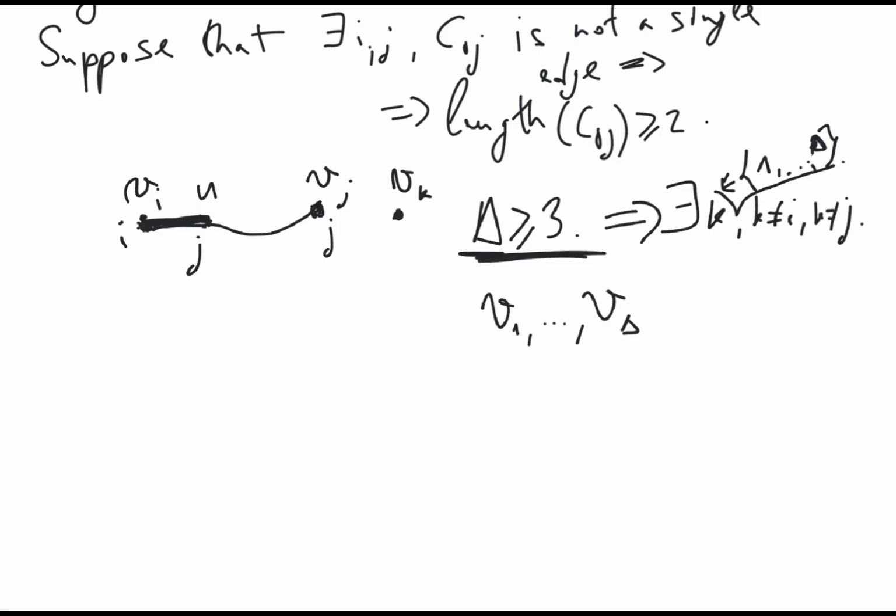Or we can write, instead of there exists k, there exists vk such that k is not equal to i and not equal to j.